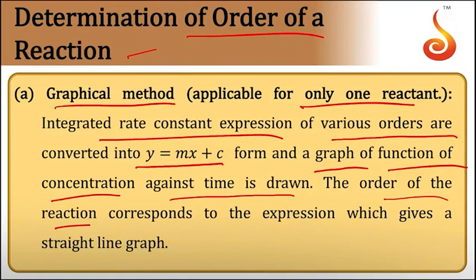The order of the reaction corresponds to the expression which gives the straight line. So here what we are doing is we are converting the integrated rate constant expressions into the y is equal to mx plus c form, and then we are plotting a graph between the concentration versus time t. If you get a straight line, that corresponds to that particular order of reaction.